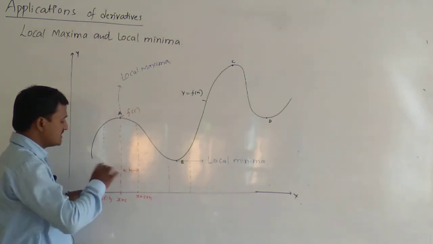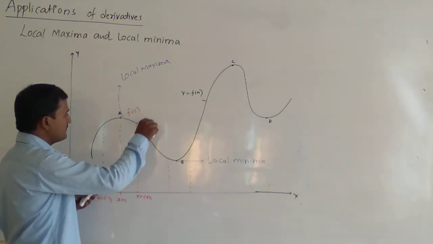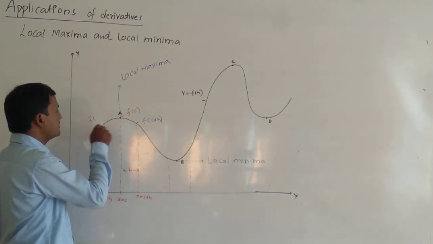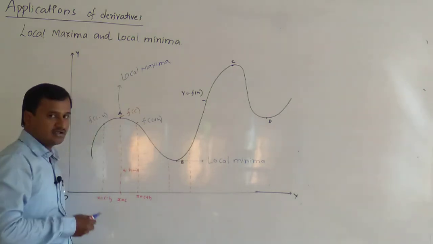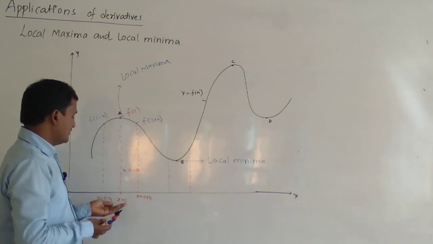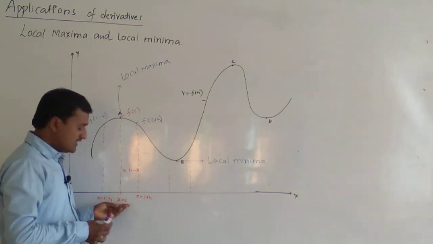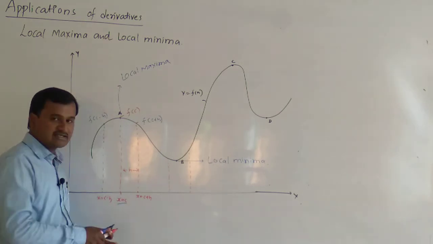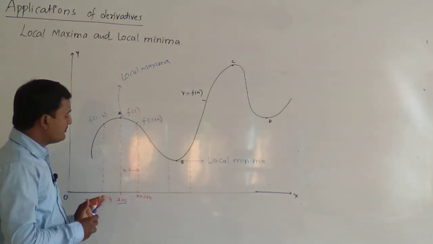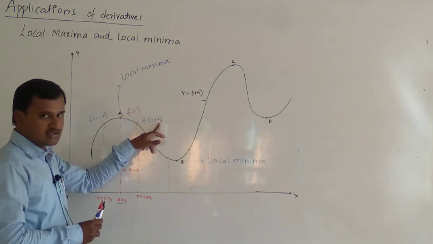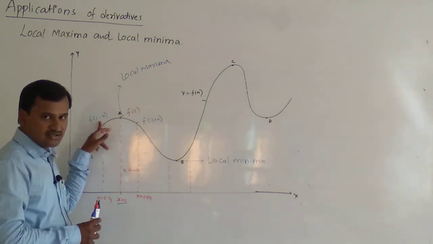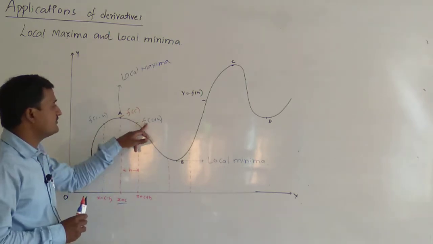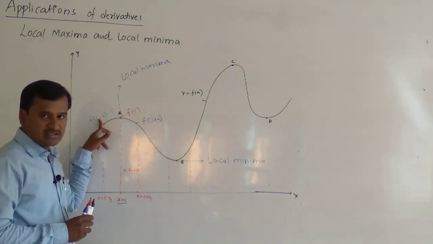So here you get f of C plus h, and here you get f of C minus h, right? Now we will see the nature of this function in the neighborhood of the point x equal to C, comparing f of C with f of C plus h and f of C minus h. f of C is the maximum as compared to f of C plus h and f of C minus h.